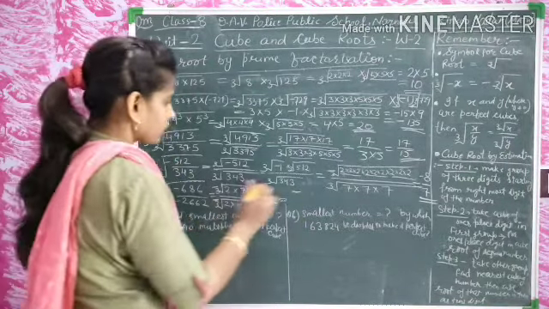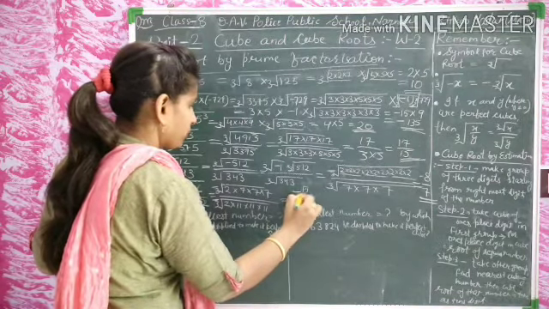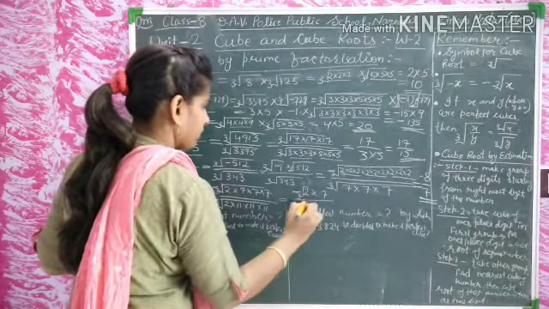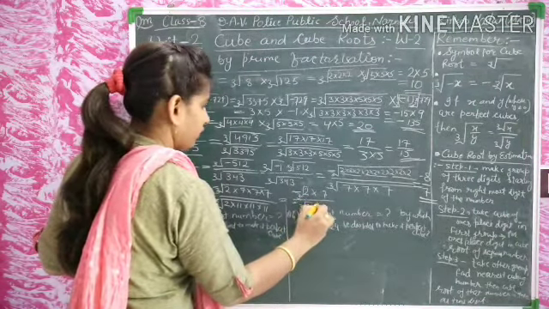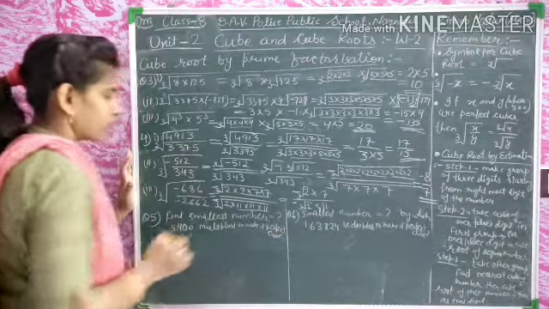So students, minus the cube root of 2 into 7, and this is also the cube root of 2 into 11. This is one triplet, this is also one triplet.